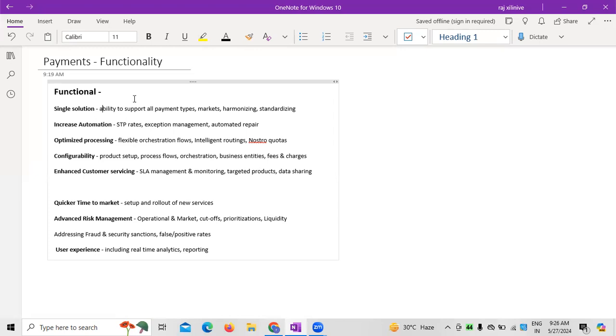Next, we can increase the automation part. Increasing automation is also one of the functionalities we need to define, because of the STP rates we have, or any kind of exception management or automated repair. These are all the activities we need to focus on whenever we are working on increasing automation. This is one more functionality which, being a business analyst, we need to focus on and provide, because STP rates may vary from place to place.